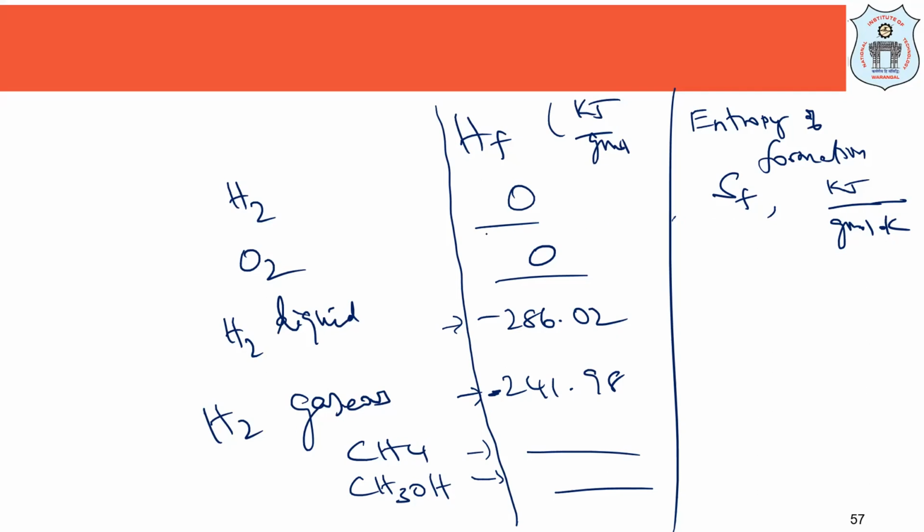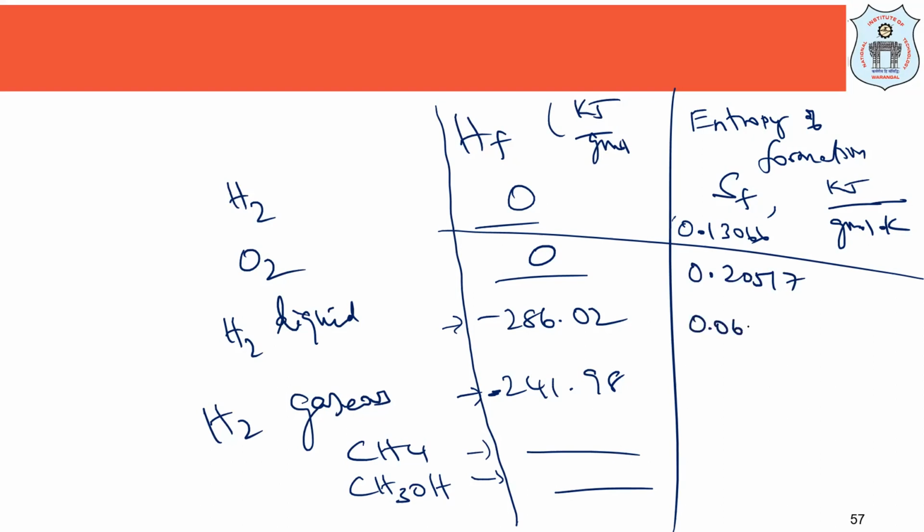So we have the data for hydrogen, 0.13066, and for oxygen 0.20517. I'm just giving an average value. For a specific numerical, you will get the value correctly. If not given, you can use the value given here. Please complete this table by referring to the literature.